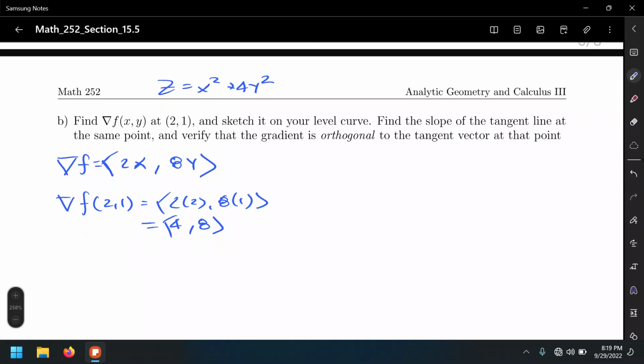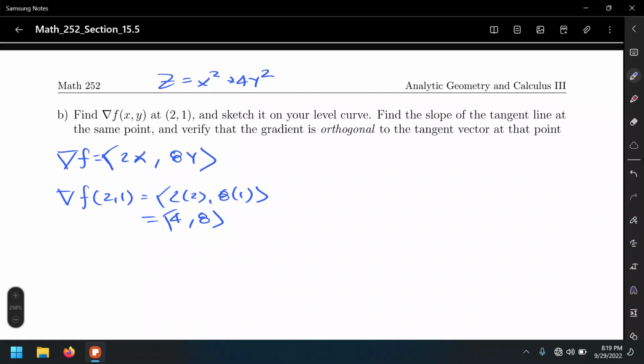But it's interesting though. All right, they're also asking us to find the slope of the tangent. Okay, so we need the function again, z equals x squared plus 4y squared. All right.